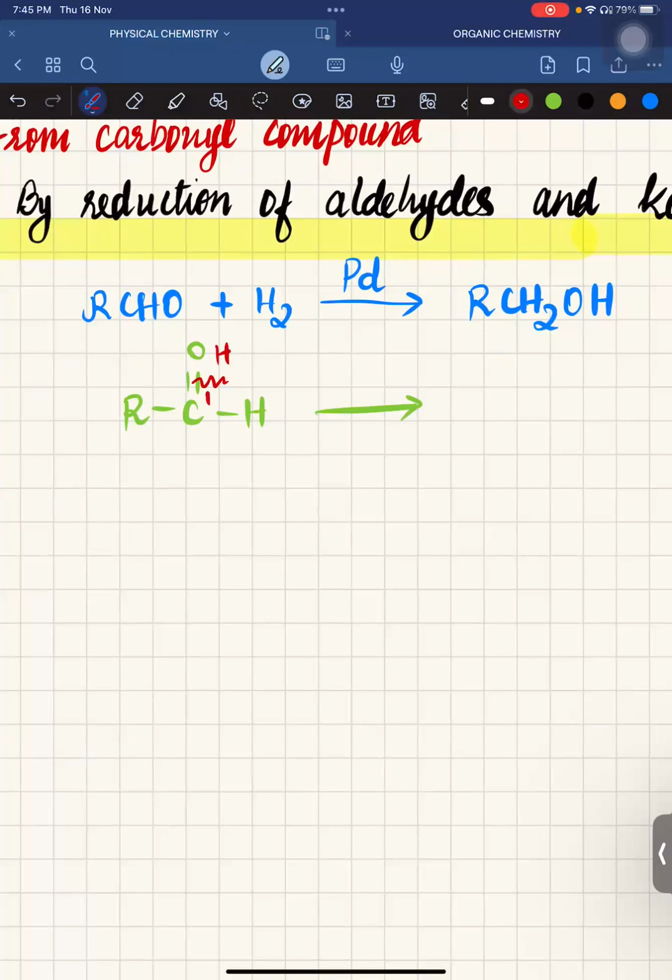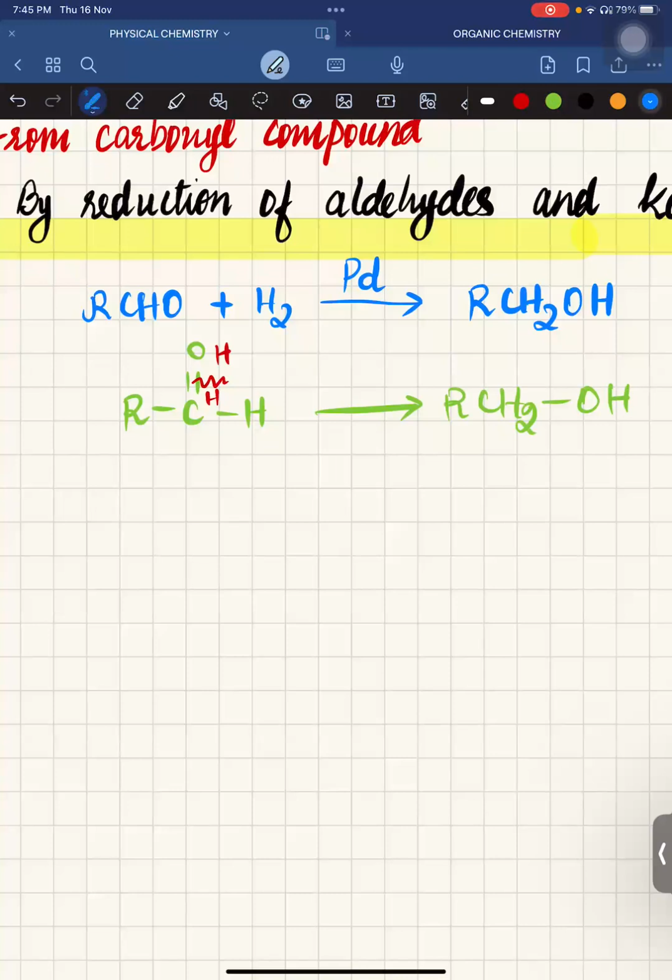Hydrogen will be added here. Hydrogen will be added here. Again, another bond will be broken. Oh, just wait a minute, I just made this mistake. Okay, one bond broken, so it becomes this one. So basically what will happen now, this down part, if you see, becomes RCH2 and OH up part. So it will be converted into primary alcohol.